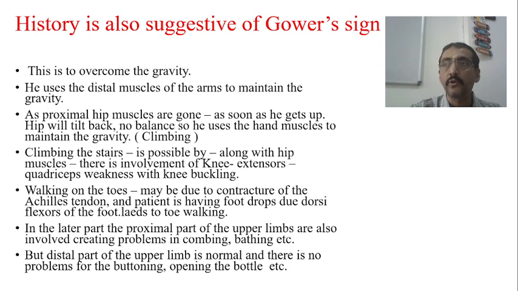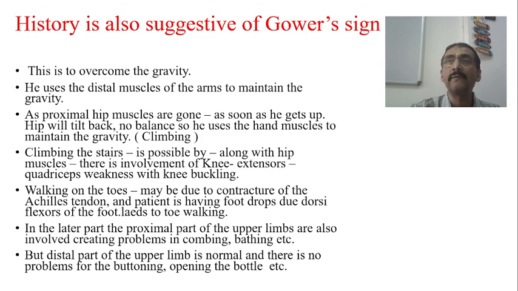But most commonly, the proximal group of muscles related to the hip get affected, and as a result, the gluteus maximus, medius, minimus, the gluteal group of muscles, and the adductor group of muscles are not able to stabilize the hip. As a result, there will be tilting of the hip when the child is walking, and that leads to the waddling gait.